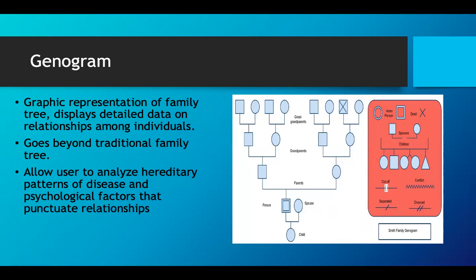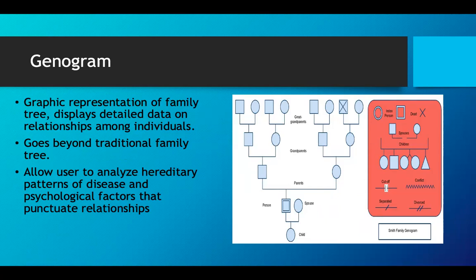Basically, we try to focus on three generations out. And it goes beyond the traditional family tree, and it basically focuses on the child, the parents, the grandparents and the great-grandparents. And as you can see in the legend in the right-hand corner in that red box, that's how you define what each family member represents within the genogram.